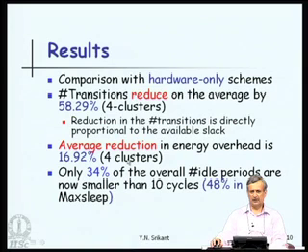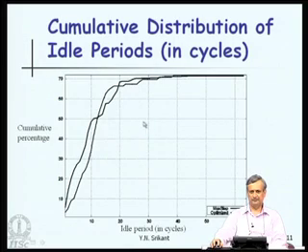What we want to emphasize here is that since the idle periods are now much larger, the number of transitions is also lesser. So, there is a reduction in the transition energy, and that is showing here. The reduction in overhead implies that we are comparing against the Maxsleep scheme, that is the hardware only scheme. So, we gain 17% over the hardware based scheme.